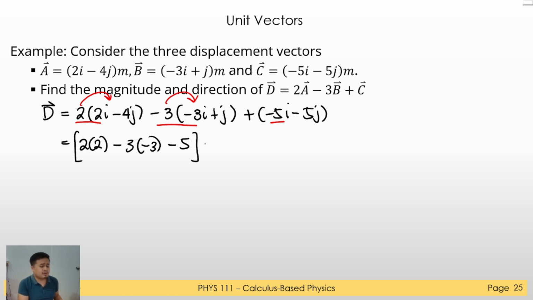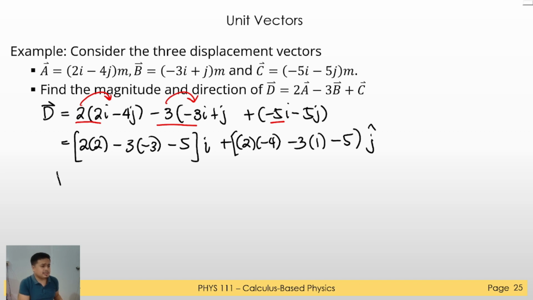So this is the horizontal component, i hat, or just i. Okay, and then we have the y components. We have here plus 2 times negative 4. And then we have negative 3 times 1. And then negative 5 minus 5.